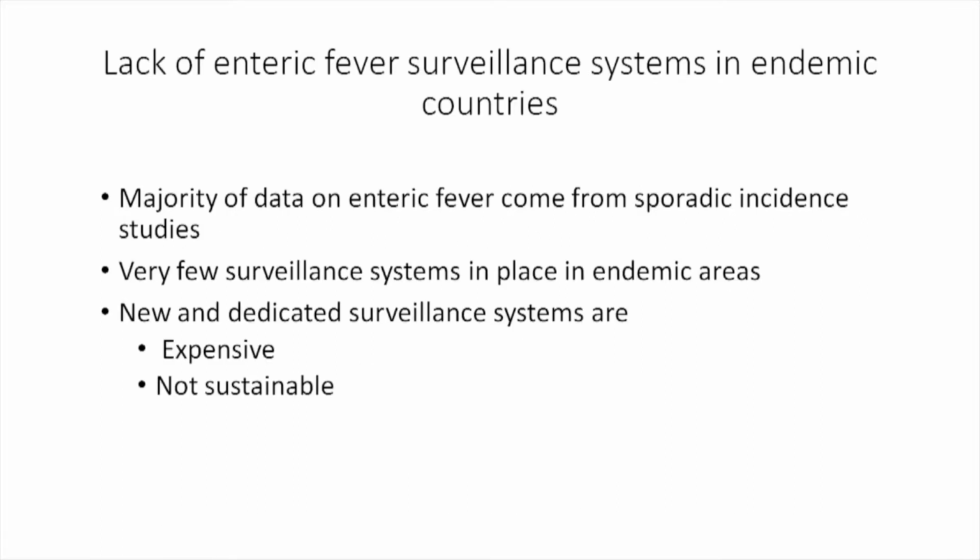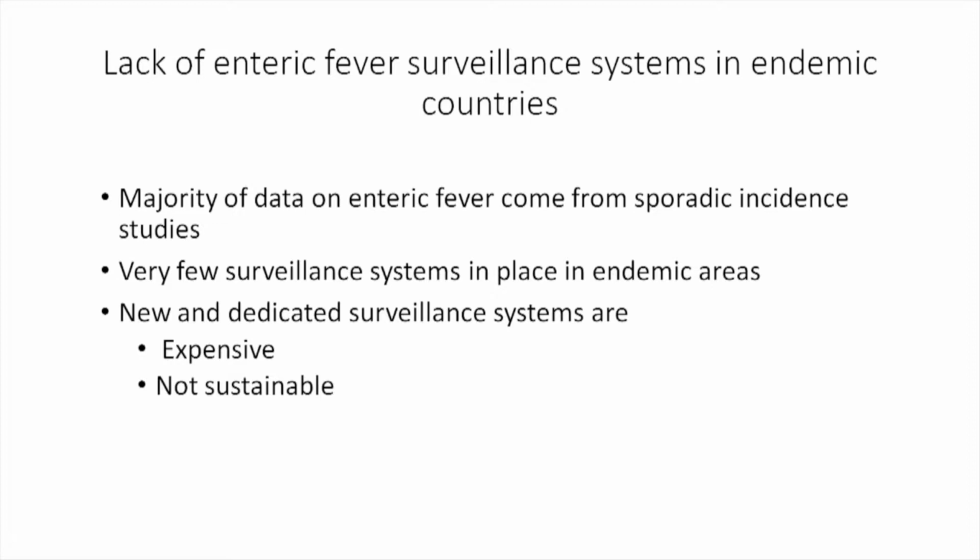So I think in the last 2.5 days of presentations and discussions, it has become pretty clear that there's a general lack of comprehensive surveillance systems for enteric fever. And this is unlike diseases like pneumonia, meningitis, and sepsis.